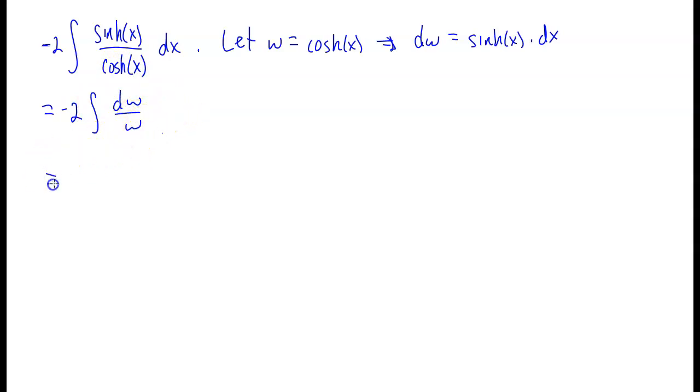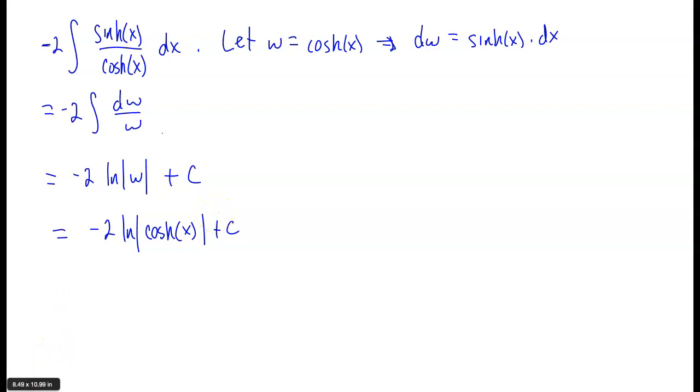So here, if we were to figure this out, then of course we would have minus 2 natural log of absolute value of w. And of course, this has some integration constant. And here we know that w was cosh x. Okay. And so that's how we would end up getting the same thing there.